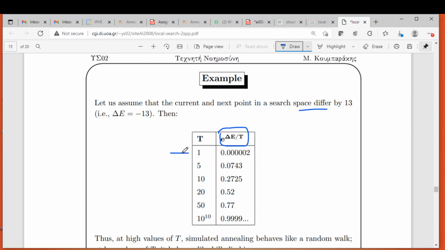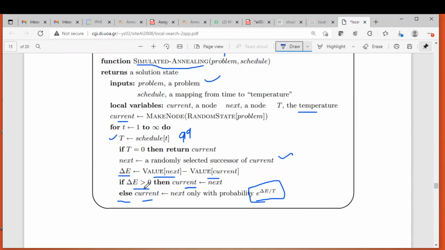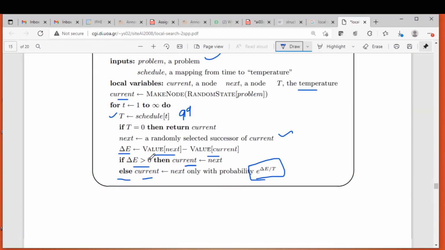Initially the value of t will be high, say 10 to the power 10. Then this will be accepted with the probability of 0.999. So in the first round of the loop, the t value will be high, but as the rounds increase, the t value will become low.